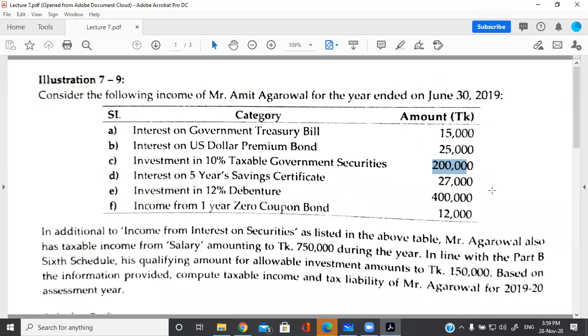20,000. So there is nothing additional mentioned here regarding whether our SSC has bought this security by borrowing money, or whether the bank has charged some fee on this interest income earned from taxable government securities, or any TDS, tax deducted at source, has been made on this interest income.